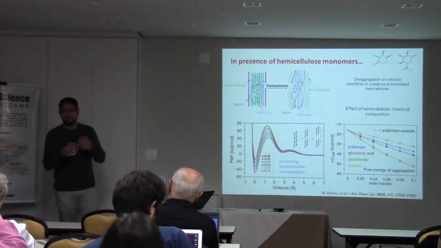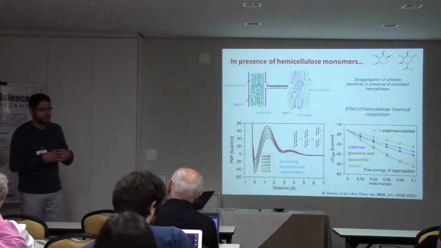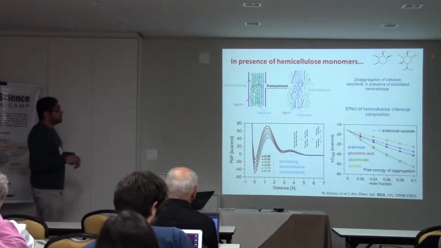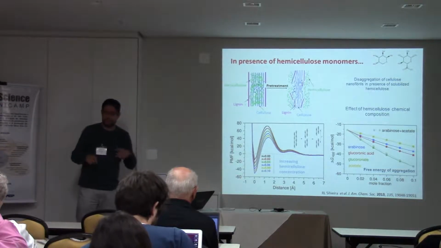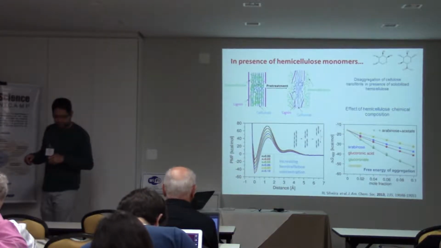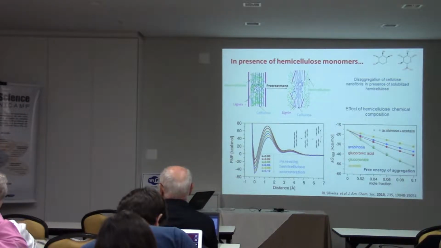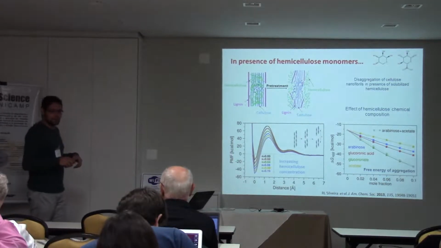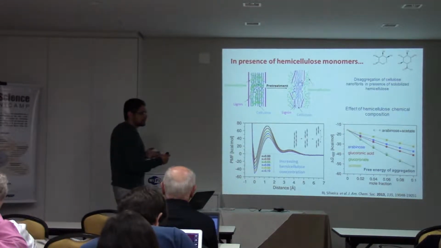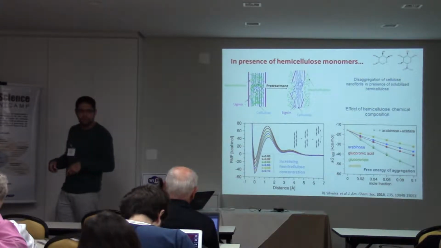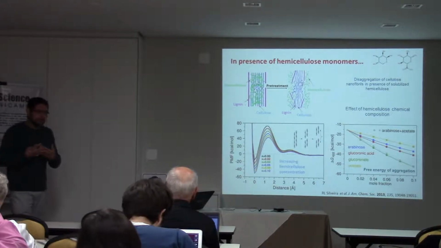Otherwise the cellulose would be dissolved. And what happens here is that when you add monomers in the solution, water, instead of solvating the cellulose, will interact with the monomers of hemicellulose. And then the water will be less available to solvate the cellulose, and then the cellulose fibers aggregate to each other.